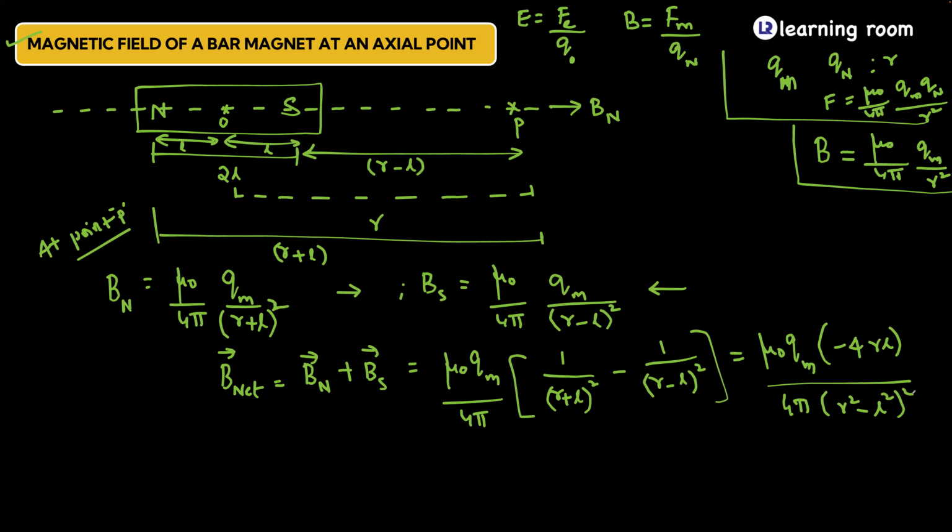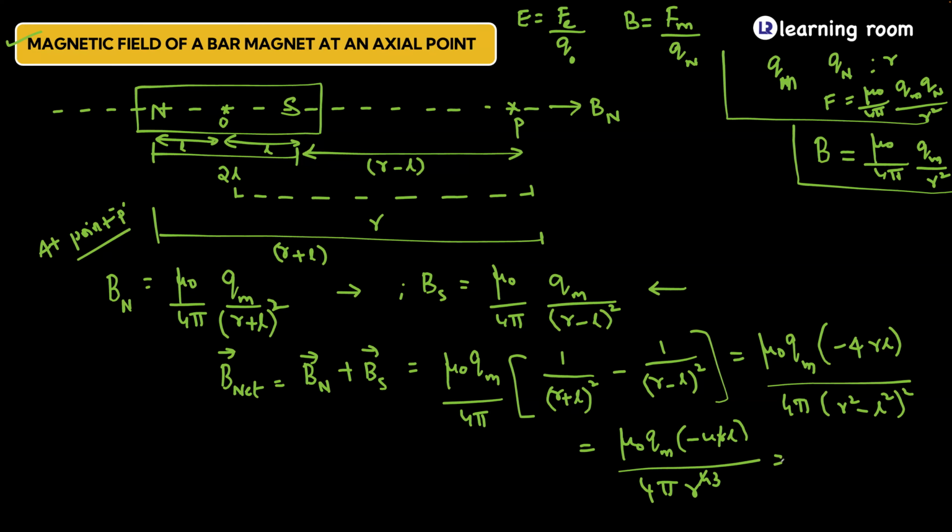So what will you get as the answer? Mu naught into Qm into 4RL the whole divided by 4 pi into R power 4. So R will cancel with this R power 4 three times, right? Now, the sign indicates that the net magnetic field is in the leftward direction. Okay. So have that in mind.